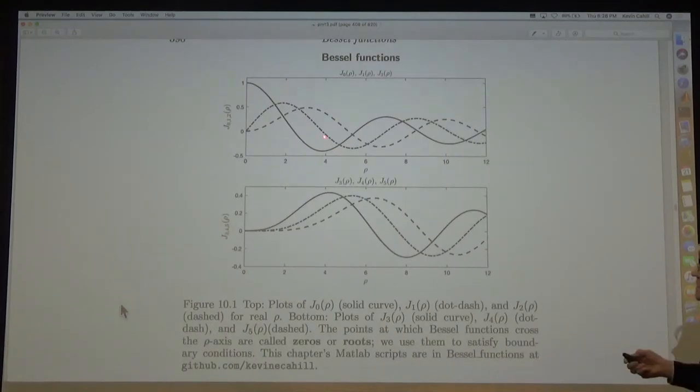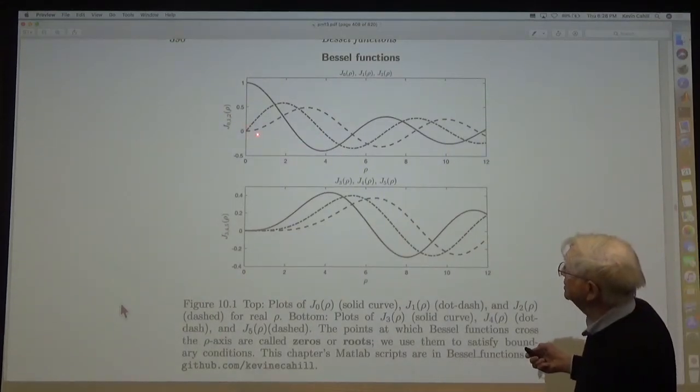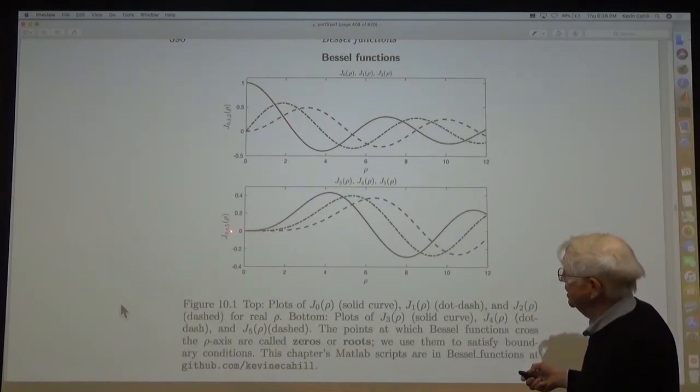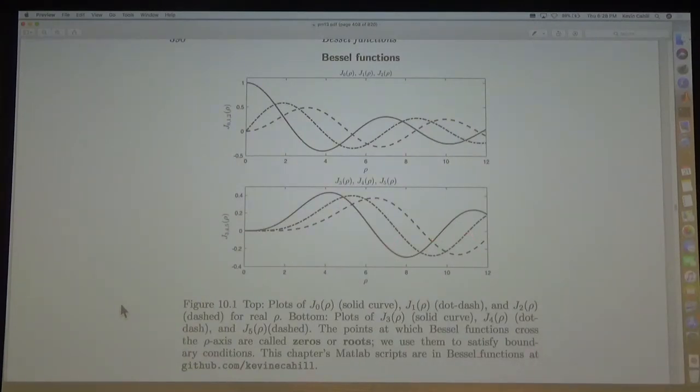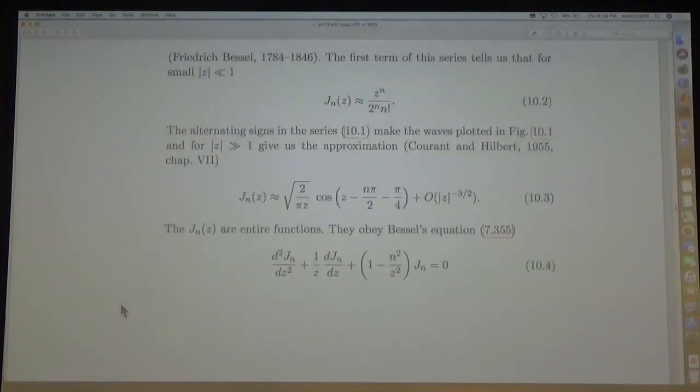What we have up here are J0, J1, and J2, and down here we have J3, J4, and J5. You see they almost look like sines and cosines as you get to large values of z.